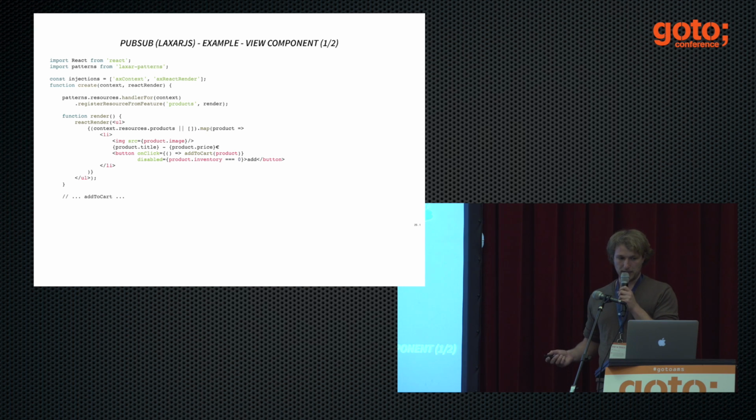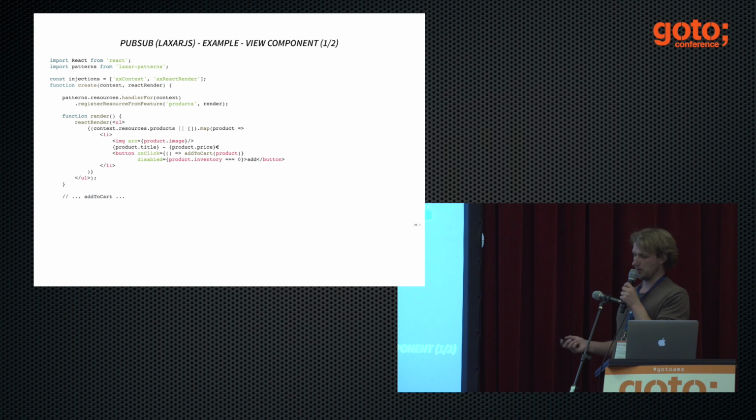And for this, React is used here, and it just looks at the current state of this products resource, and maybe it hasn't even received products yet. That's always possible with PubSub, so we also have to fall back to an empty list in this case, and it just renders those products.